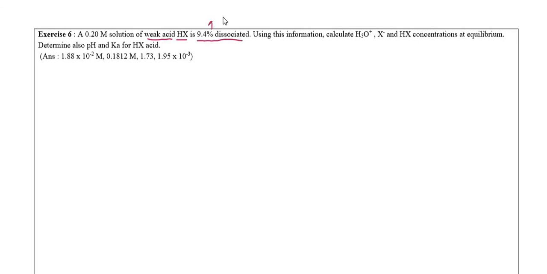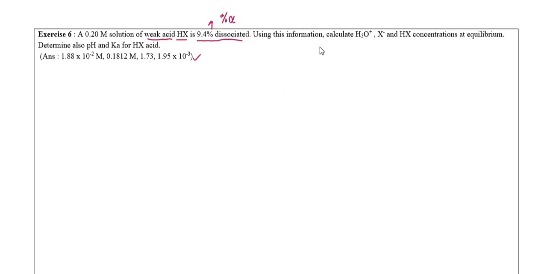This is your percentage dissociation. Using this information, calculate H3O plus, X minus and HX concentrations at equilibrium. Determine also pH and Ka for HX acid. Okay, already give you the final answer.